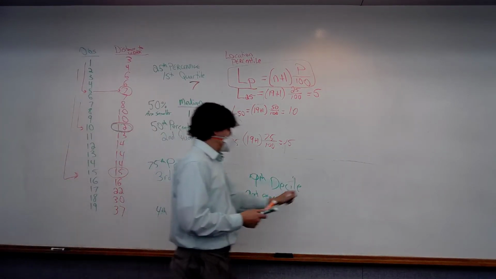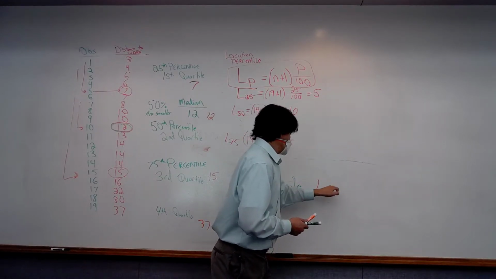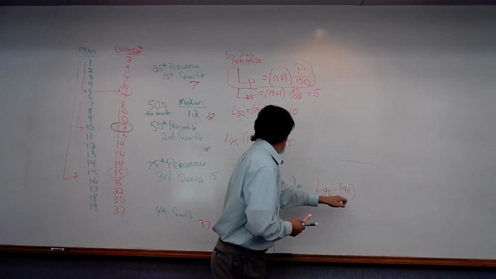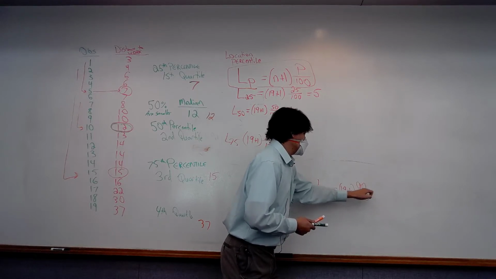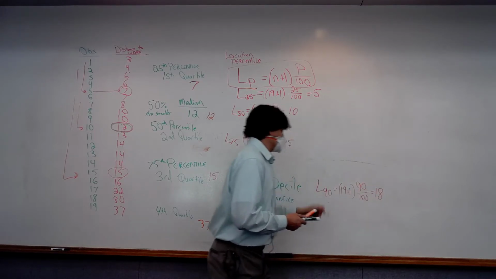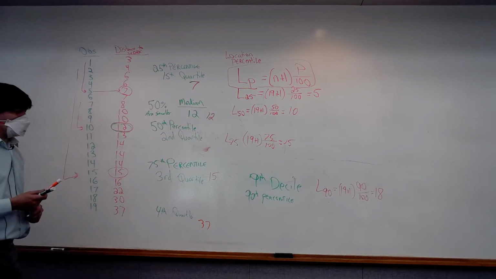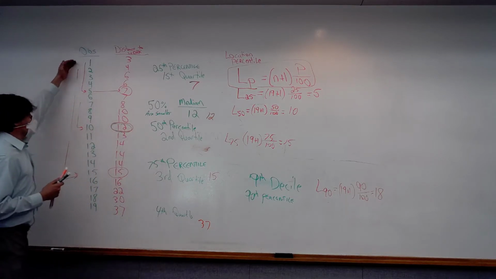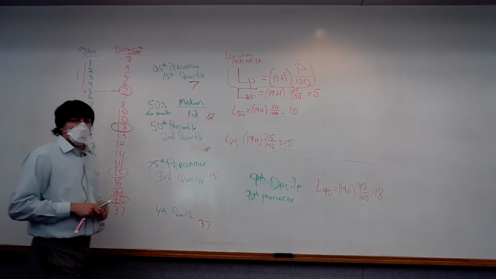So L90, that's 19 plus 1, and then 90 over 100, and that's going to come out as 18, right? 20 times 90 is 1800. And so again, the answer is not 18. We need to go and look for the 18th observation, and here we are. The 90th percentile is 30.